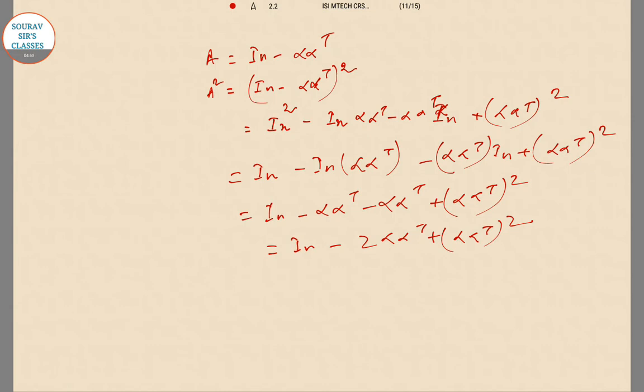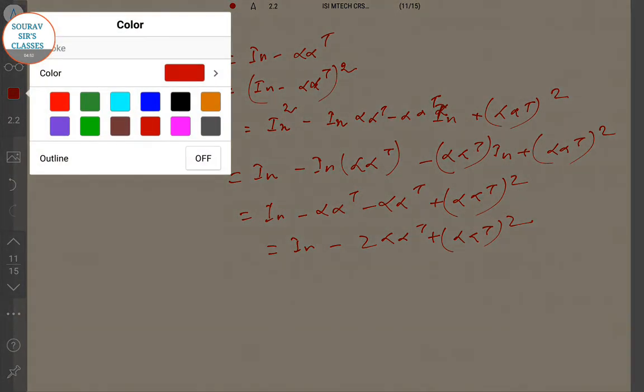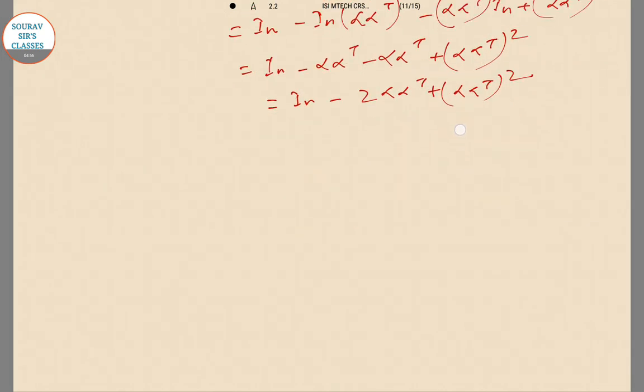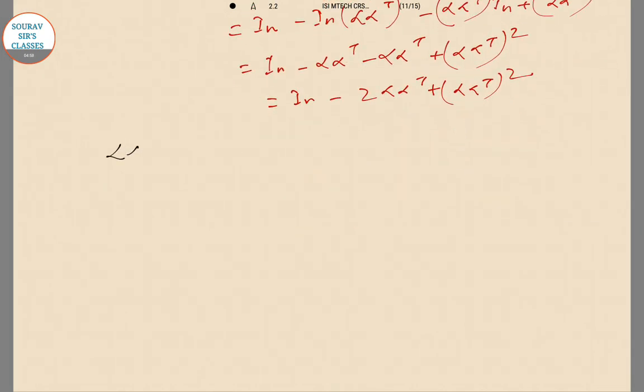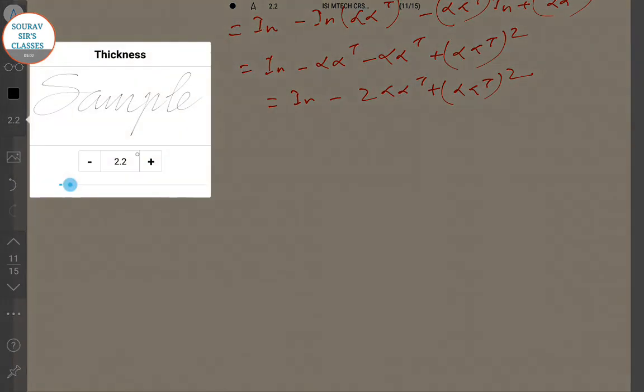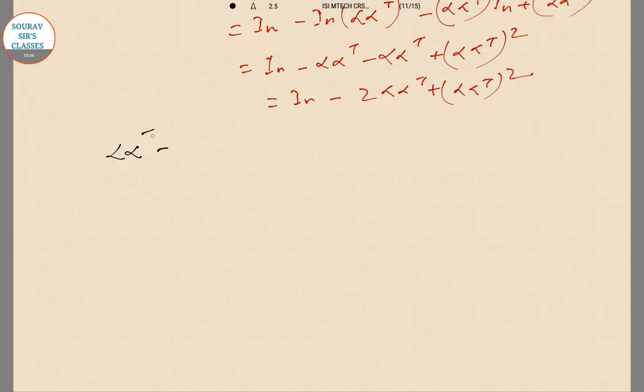If we reach till this part, please allow me to change the color. Okay, let's go for black. Now this alpha alpha^t alpha alpha^t part is nothing but alpha (alpha^t alpha) alpha^t.